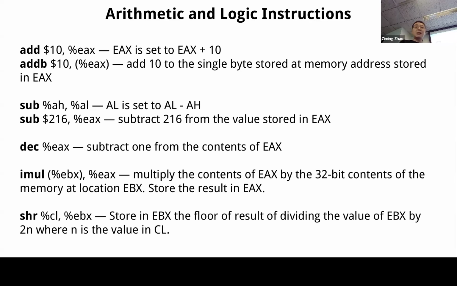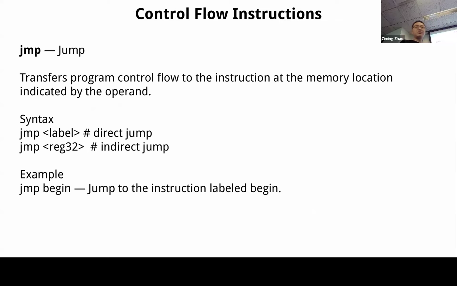So that's the second class of instructions, the computations. The first one is move. The second is computation. The third one is control flow instructions. If you have a sequence of instructions and you do not have any control flow instructions in that sequence, then the CPU will execute one instruction after the previous one.